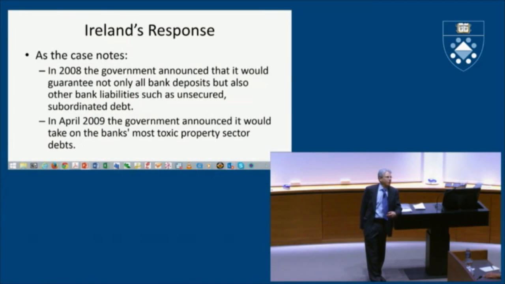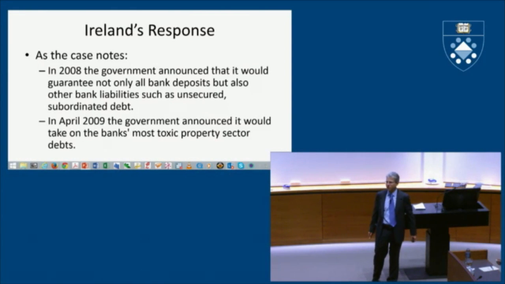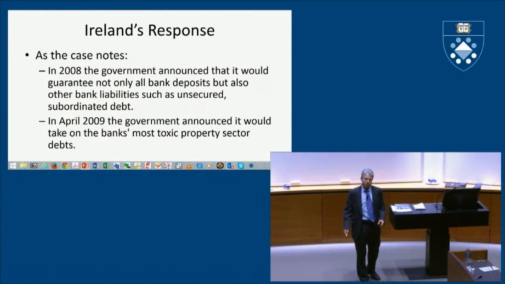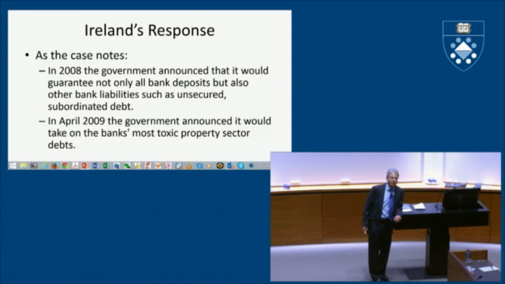When people made investments in the banks, either through demand deposits or whatever, there was no government guarantee at the time that if things went south with the bank, the government was going to take over for you. This was an additional thing they did, and as was just mentioned, it didn't really work in itself, and in 2009 the government announced it would take on the bank's most toxic property sector debts.